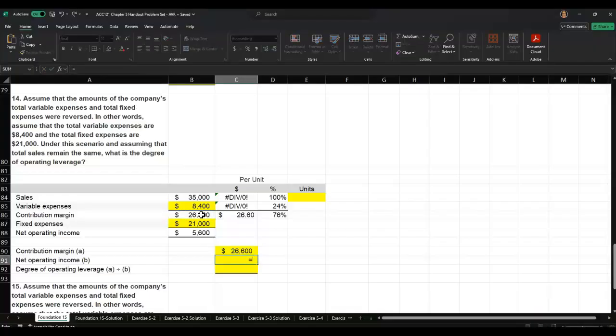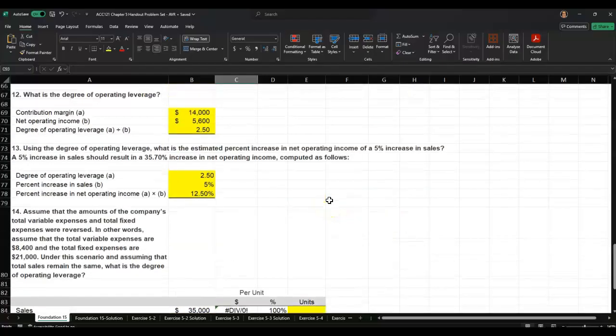Our net operating income is the 5,600, and then that means we end up with an operating leverage of 4.75. Now again, I want you to think about what would cause this, because otherwise it's just a math problem, and we're not doing math, we're doing accounting.